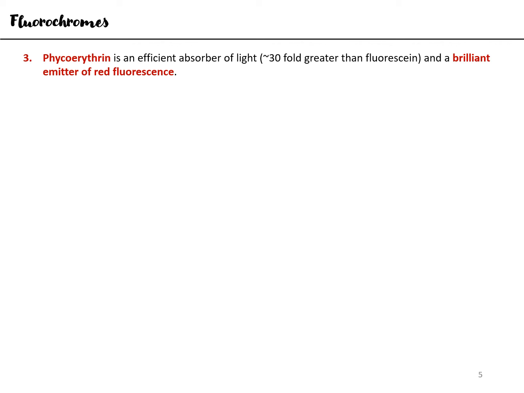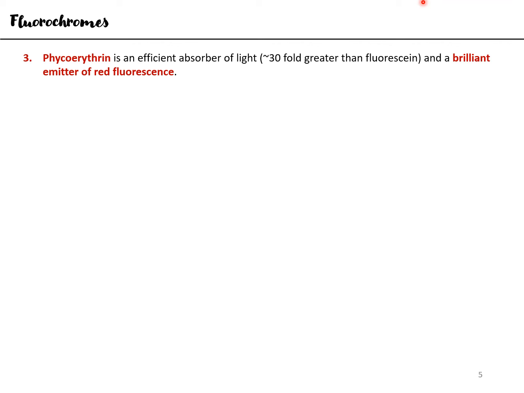Phycoerythrin is another very commonly used fluorochrome which is used in immunofluorescence. So it is an efficient absorber of light, and in fact it is 30 times more efficient than fluorescein. So what do we mean by an efficient absorber of light? Efficiency of a fluorophore is essentially defined as a ratio of the number of photons emitted to the number of photons absorbed.